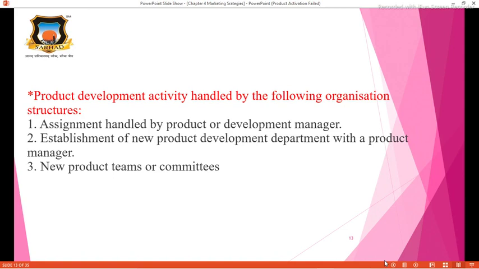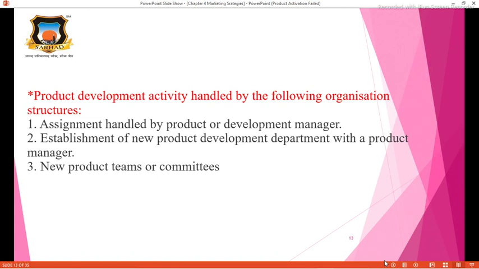Let us see the second, establishment of a new product development department with a product manager. The manager can create a separate post of product manager and recruit a new person to take charge of the post.